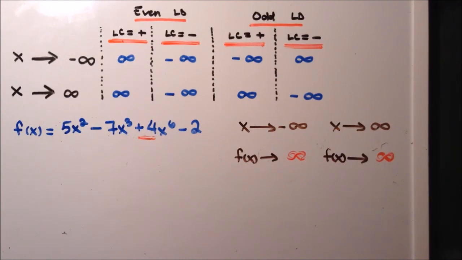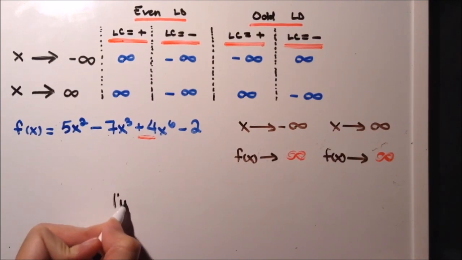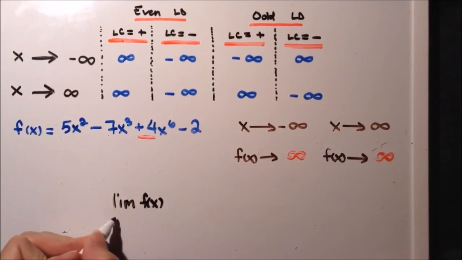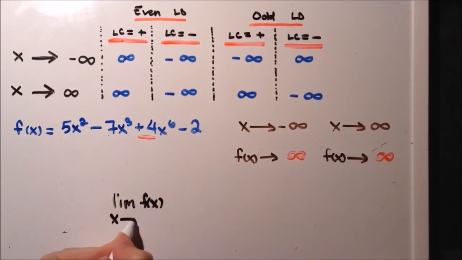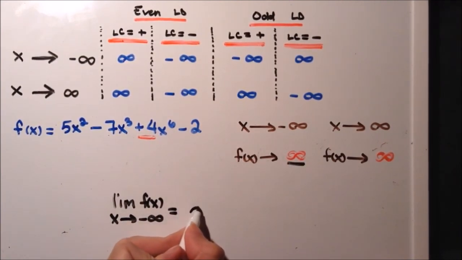Now, limit notation. So, the limit notation for the left side would be limit of f of x as x approaches negative infinity equals infinity.